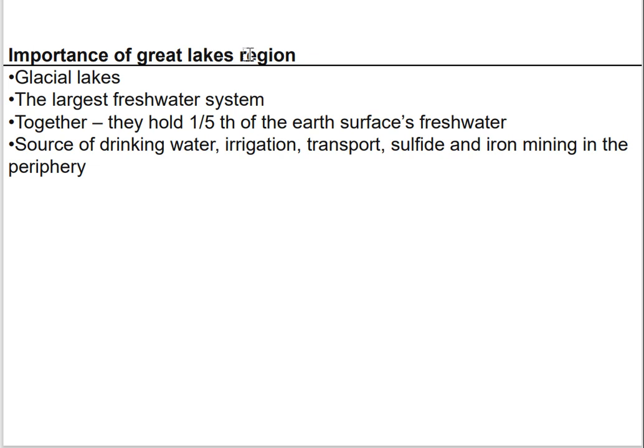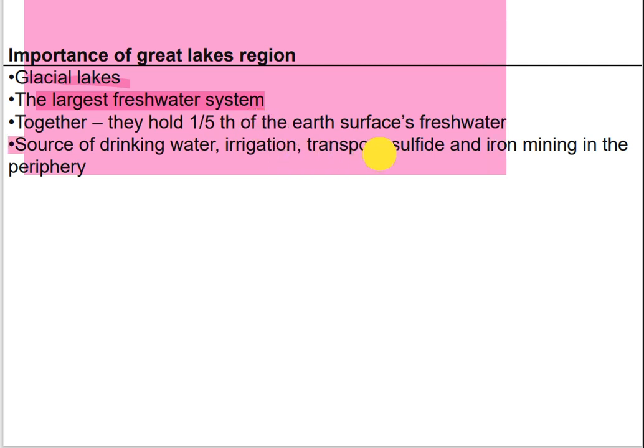The next one is the importance of the Great Lakes. So what is the importance? These are glacial lakes, the largest freshwater system, and together they hold one fifth of the earth's surface freshwater. They are a source of drinking water, irrigation, transport, and sulfide and iron mining in the periphery.